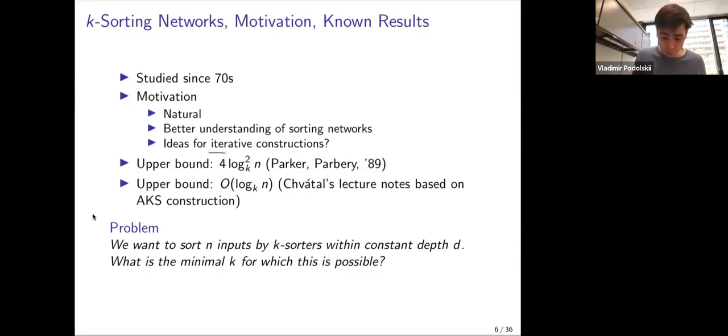we can apply it recursively to itself, and then get a good construction of a sorting network with K equals 2. So basically, if you want to sort n numbers, we can apply a sorting network with some K, and now we have inside many comparators working on K numbers.